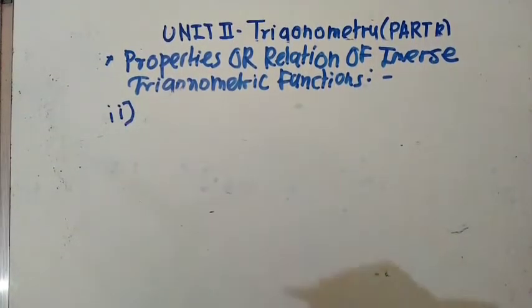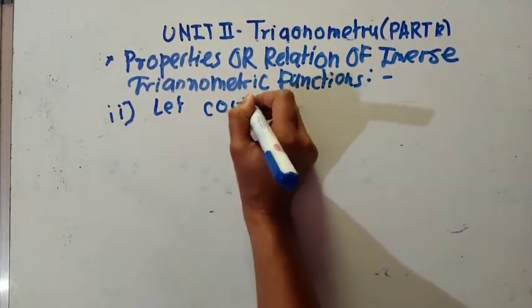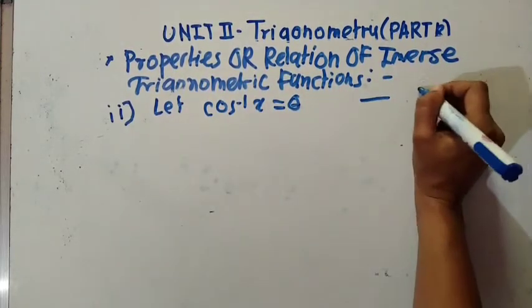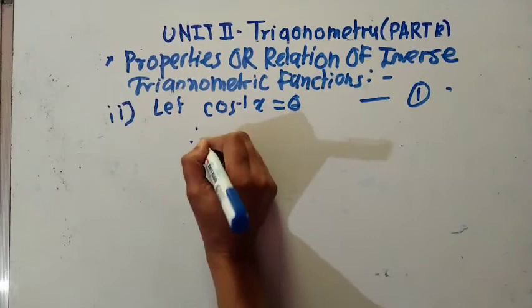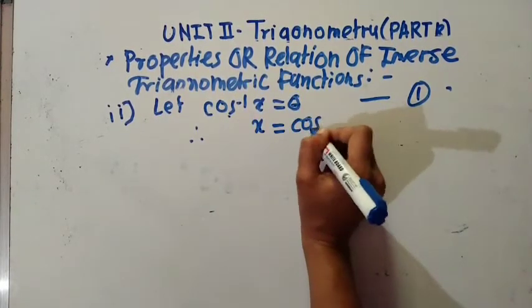How to prove the second property? Let cos inverse of x be theta, which is the first equation. Hence x is equal to cos theta.